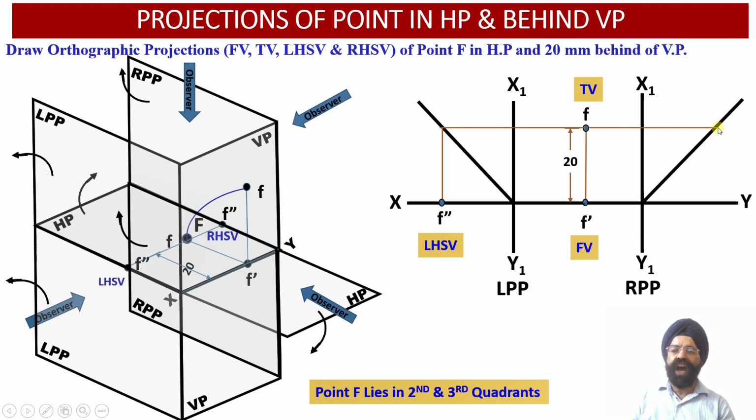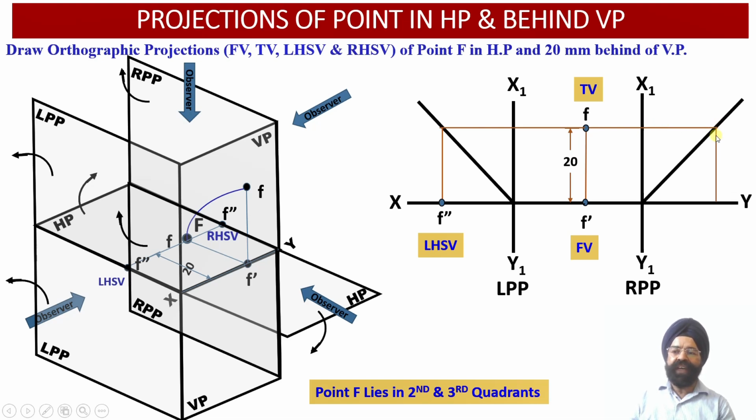Wherever this point of intersection is obtained, from this point we are going to obtain a vertical projector line such that this distance from the vertical plane will be appropriately transferred into the right profile plane. Now we can check this vertical projector line. It is at a distance of 20 millimeter from the vertical plane, that is the right side of the vertical plane. So this distance is 20 millimeter.